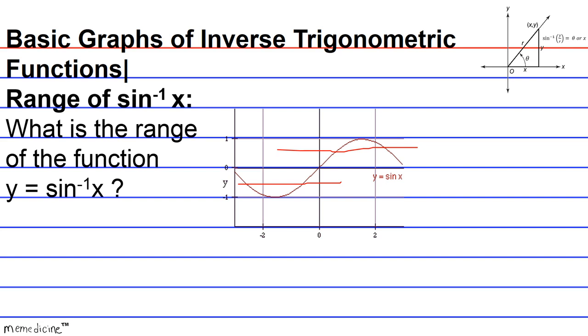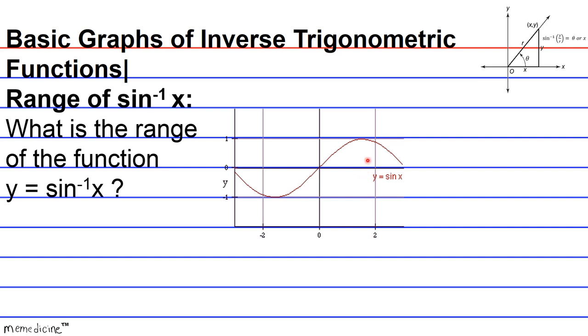Now this will ultimately have an effect on the range of y equals the inverse sine of x, because our inverse functions originate from our original trigonometric functions. So in order to determine the range, the domain of the y equals sine of x function has to be restricted.